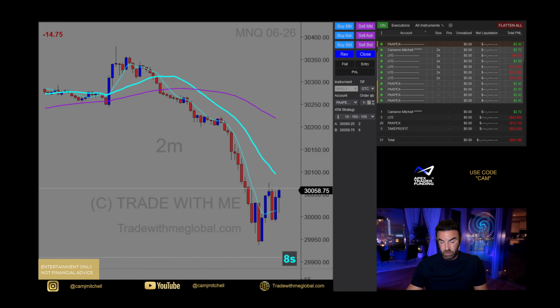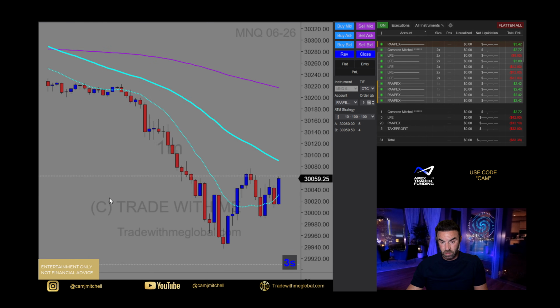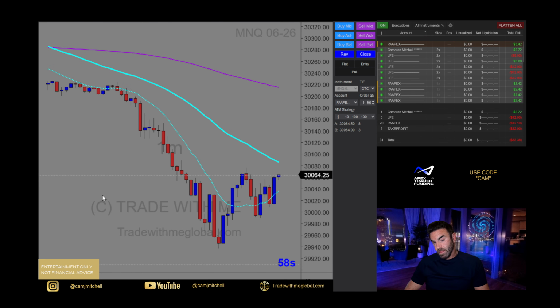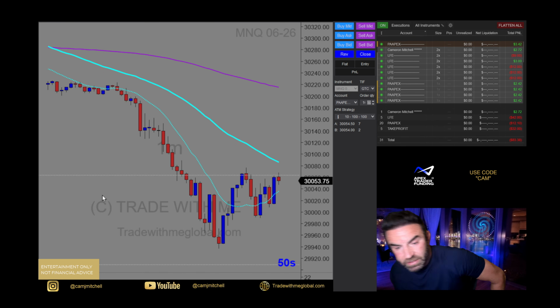Looks okay. It doesn't look good on the 2 though. It didn't close above that high, so let's see what it does here. If I wanted to really have a go, it needed to really go through that high.